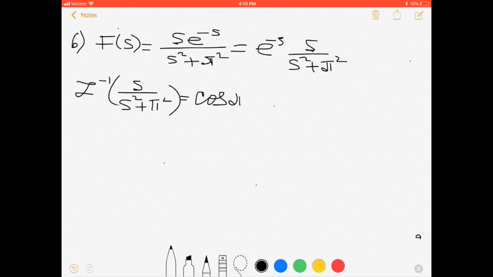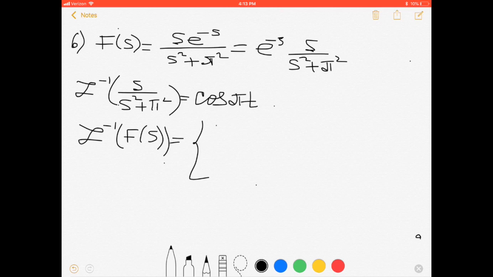Cosine pi t, because pi is our coefficient, and here we work. What do we have in the inverse Laplace transformation for our F(s)?